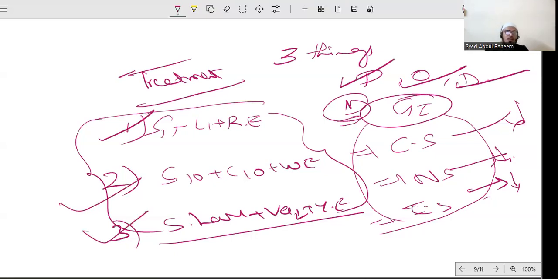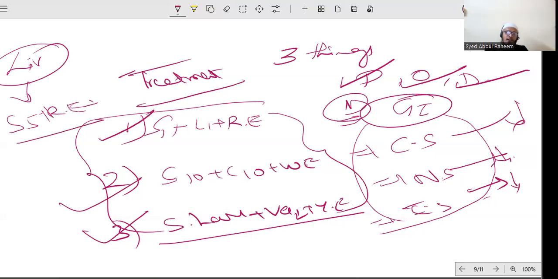So if any problems occur, like if a liver problem is there, you need to add S5 RE or S5 L1 RE. Okay, this will improve the overall health of the liver, or S5 L1 WE.